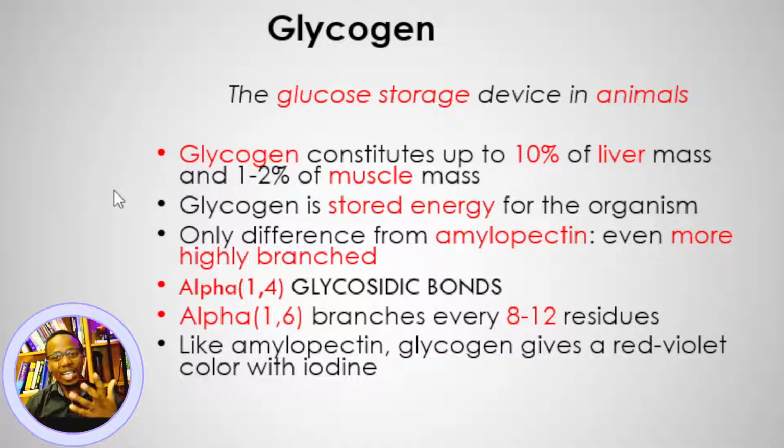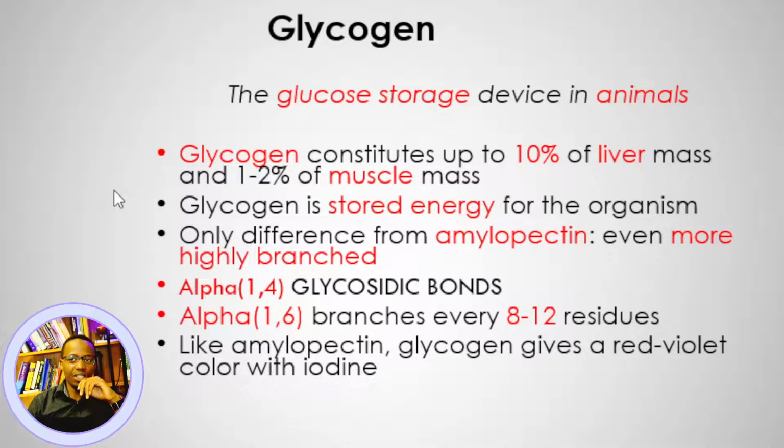So glycogen is kind of like starch, because remember amylopectin is in starch, right? It's just like starch in terms of the connections, right? So it's alpha 1,4 connections between the glucose molecules, but also alpha 1,6 connections between the branches. So it's the same structure.